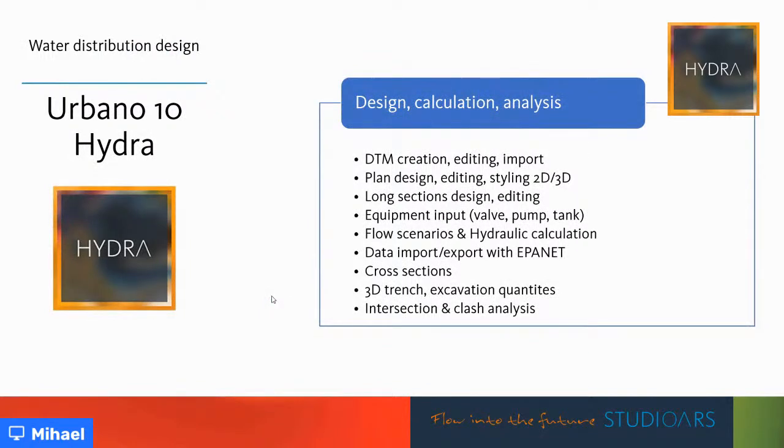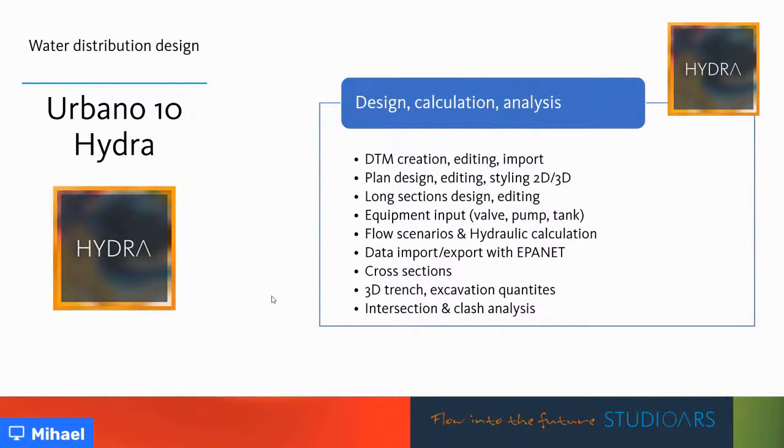So to break it down very quickly into the various packages, Urbano Hydra, the standard version, includes all of the tools for design and calculation and analysis. So from the creation or importing of digital terrain models, everything for designing plans, everything for designing long sections, then all of the hydraulic calculation tools, including inputting equipment, developing various flow scenarios, water demand scenarios, doing hydraulic calculations, and as I mentioned, data import and export through the INP files.